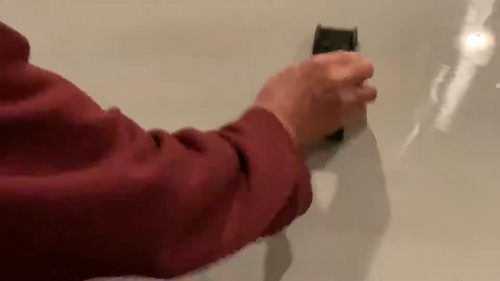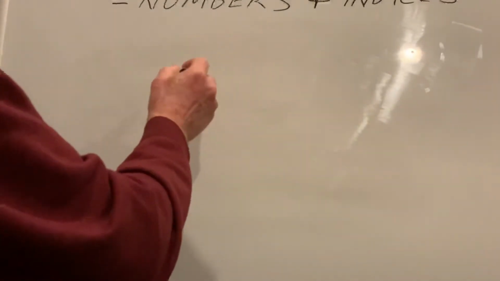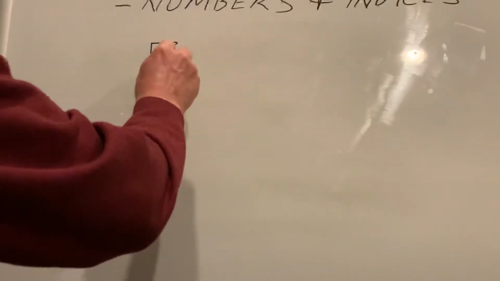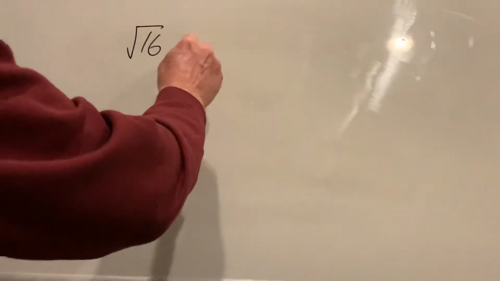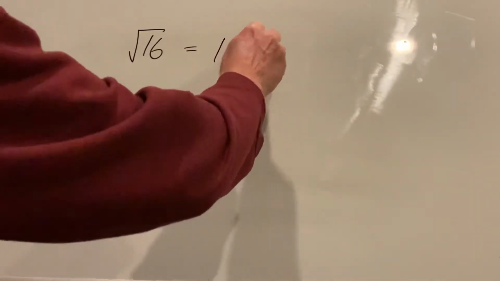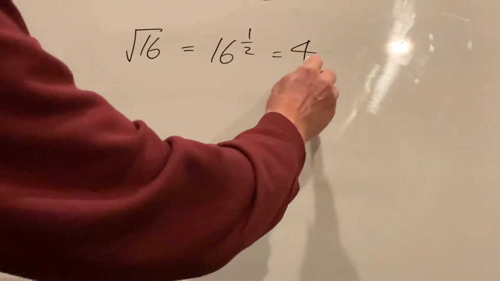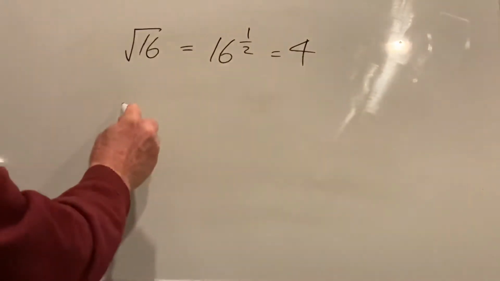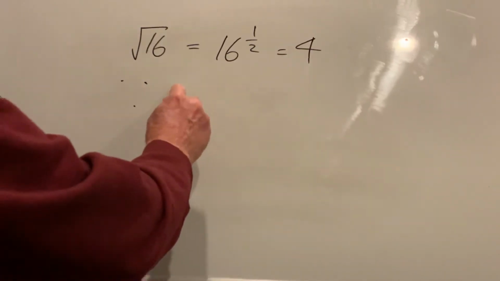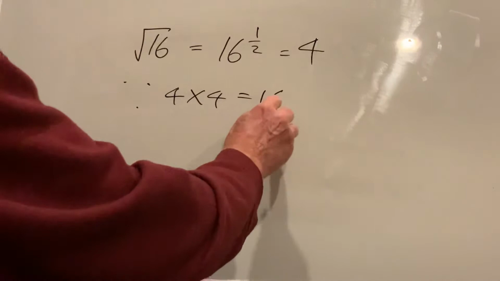So, if we said the square root of 16 equals 16 to 1/2, which equals 4, because this is a symbol for because, an upside down triangle, because 4 times 4 equals 16.